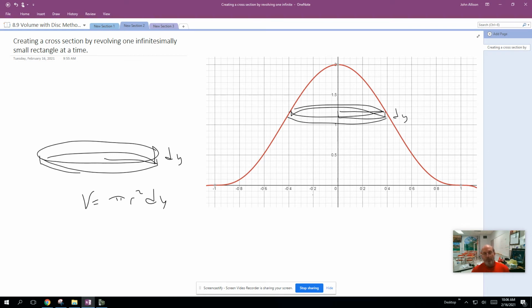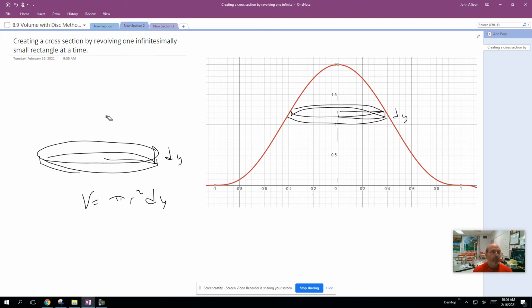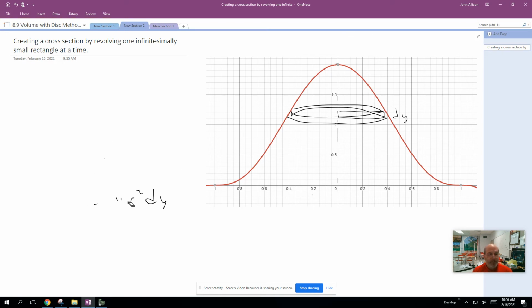Now, if we were revolving this around the x-axis, we'll create a different kind of solid. We would be revolving this entire area bound in the first and second quadrants.